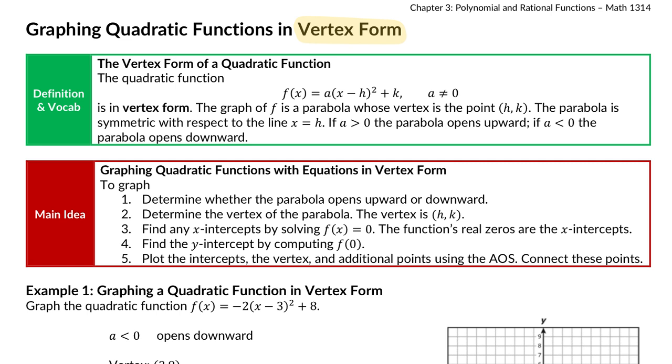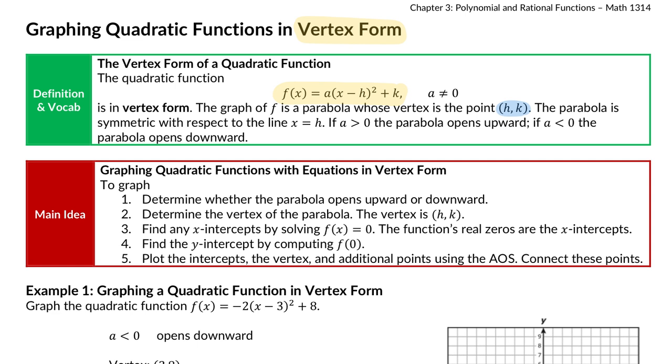Vertex form of a quadratic equation is f of x equal to a times x minus h squared plus k. It gives you the recommendation that a cannot equal 0, because then it would just be a line, because a being 0, everything would be multiplied by 0. This is vertex form.